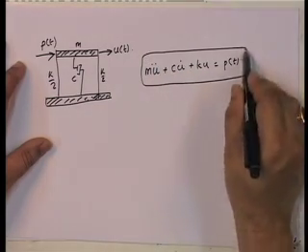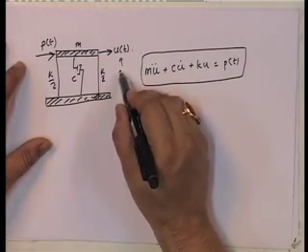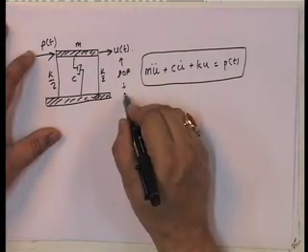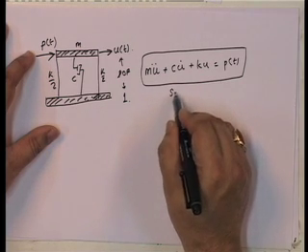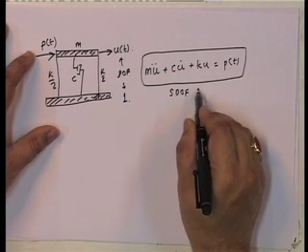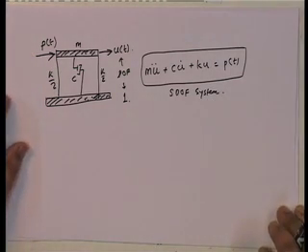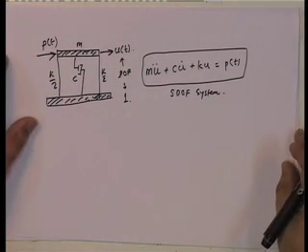So, here this is our degree of freedom, and since there is only one degree of freedom, this is known as a single degree of freedom system, and this is what we have been looking at in this particular situation.